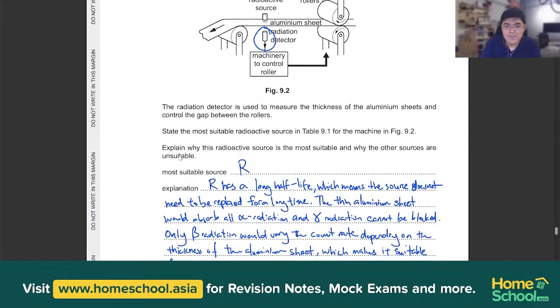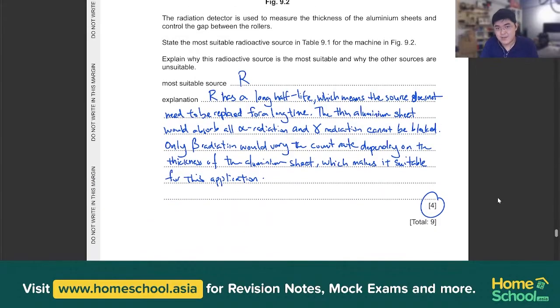So the long half-life of R means the source does not have to be replaced for a long time. Writing these 3 points down will get you your 3 marks here, and the most suitable source given correctly gives you your 4th mark. So this will make short work of all 4 marks for this question.